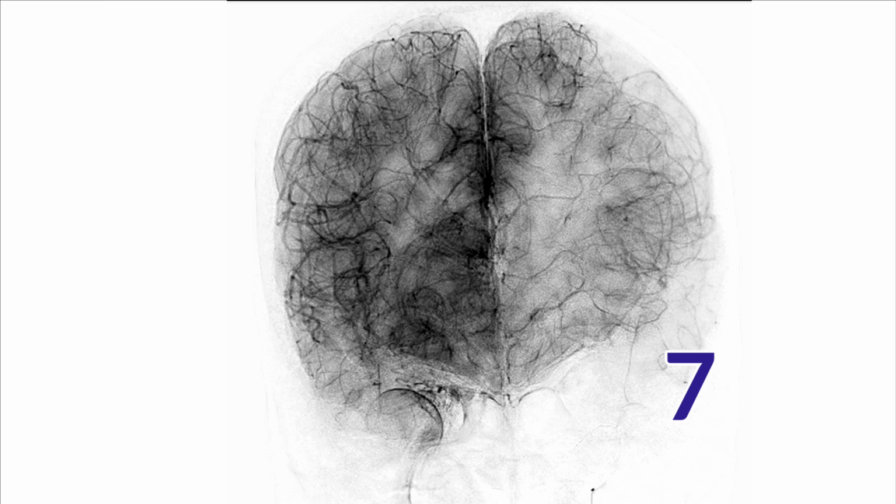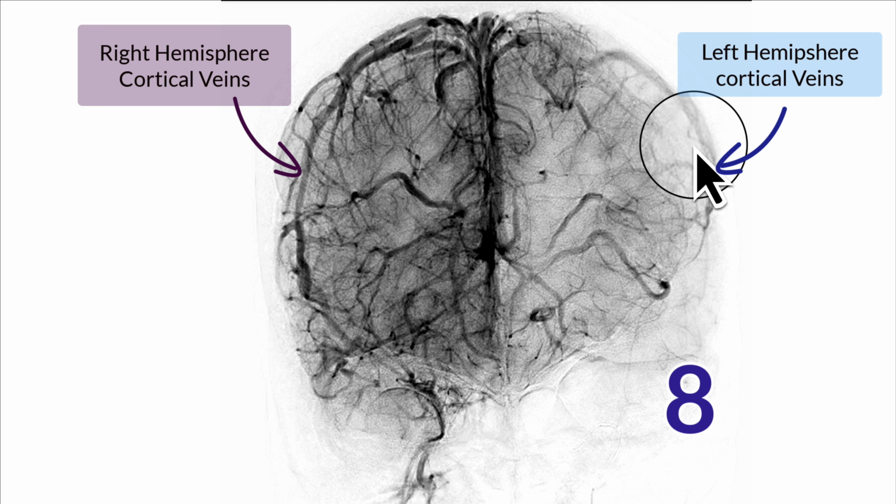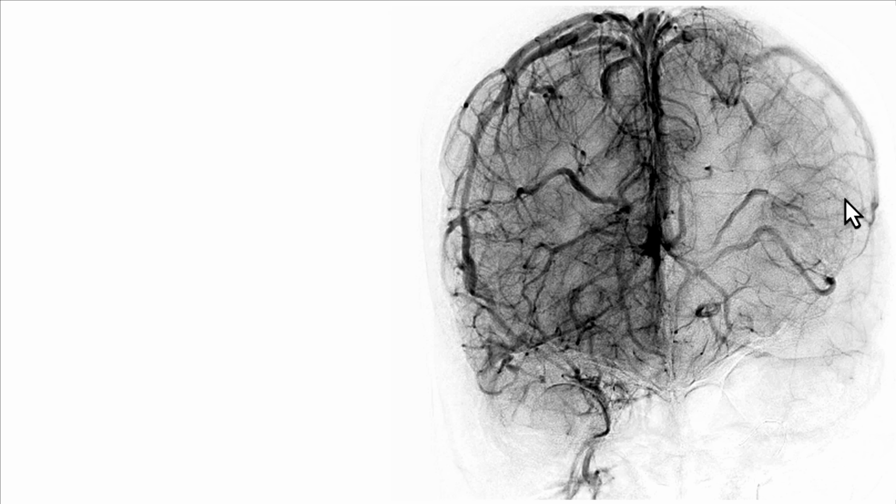At the 8th frame, we can see the parietal veins of the right hemisphere and left hemisphere appear simultaneously. We say venous delay when the delay is more than 2 seconds. But in this patient, there is no venous delay and both the parietal veins appear simultaneously.